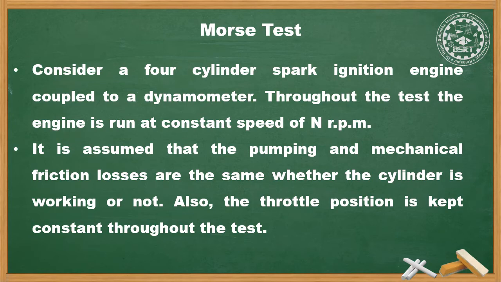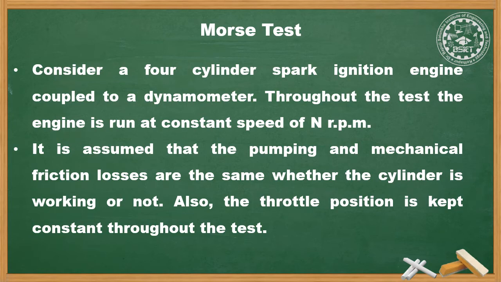The dynamometer is used for calculating the brake power and the tachometer is used for calculating the speed of the engine. The power of a cylinder is cut off by short circuiting the spark plug in the case of an SI engine, and by cutting off the fuel supply in the case of a CI engine.